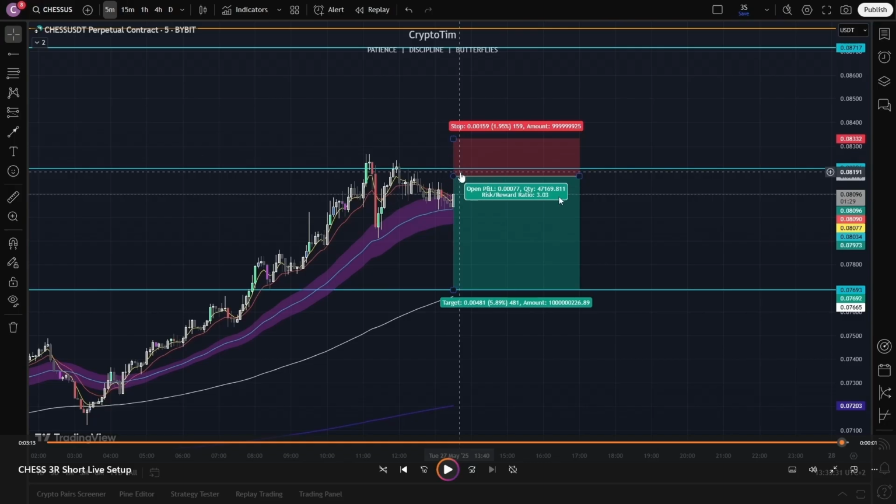I just want to enter here on a 3R based on my determined TP and my determined stop loss. So I did know my stop loss, I did know my TP. Entry-wise, I did set it so I have a nice risk to reward ratio. So in case this trade goes against me, it was still worth taking because the upside was much higher than the downside.